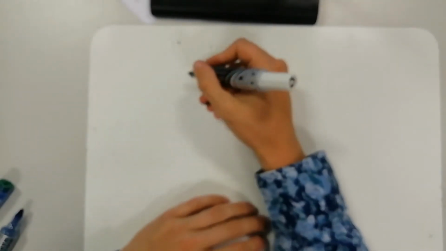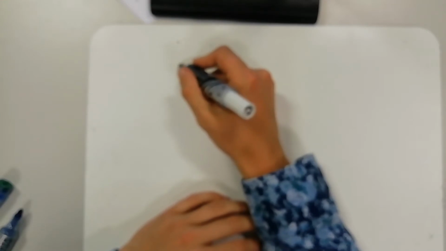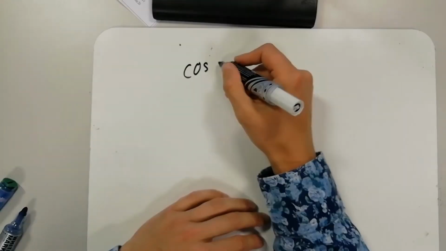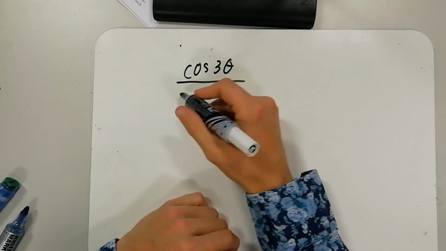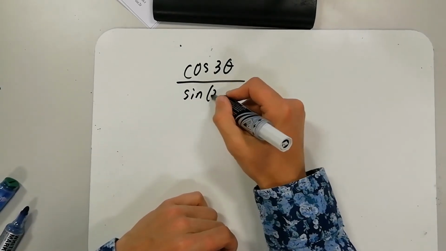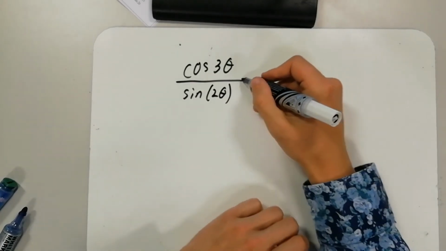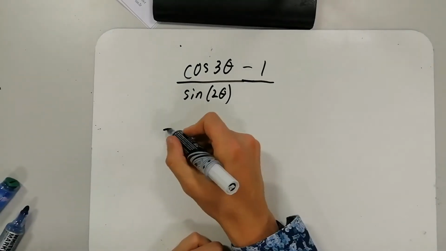We'll just look at one example of how that can be used. Let's say that we had to approximate the value of cos 3 theta over sine 2 theta. Let's just put a -1 in there so it simplifies a bit more.